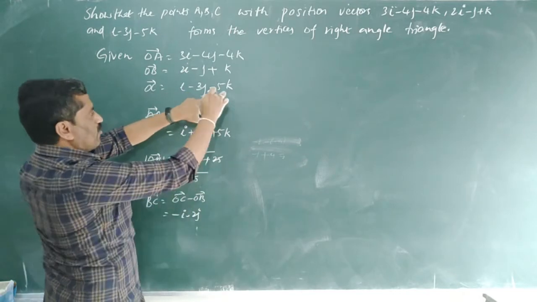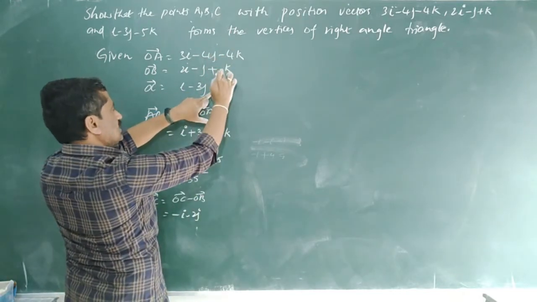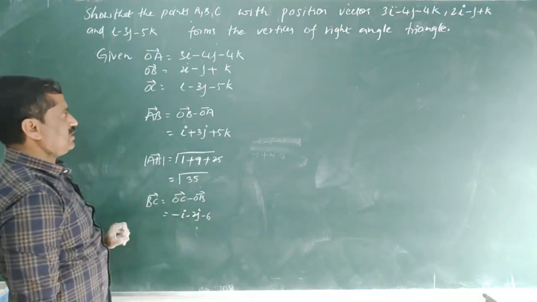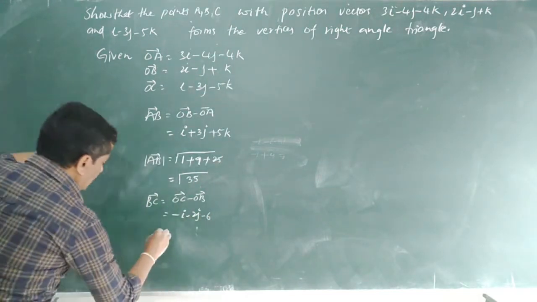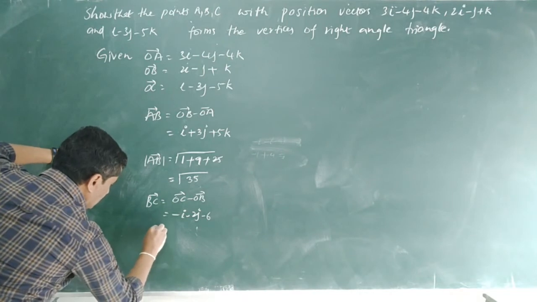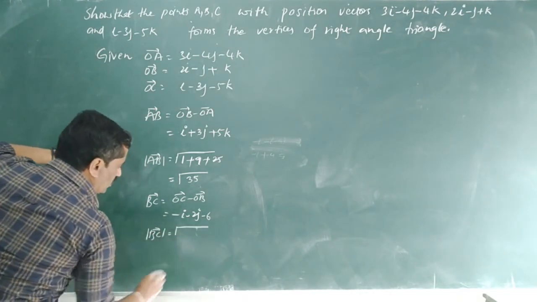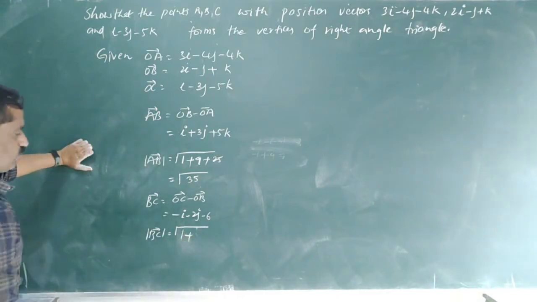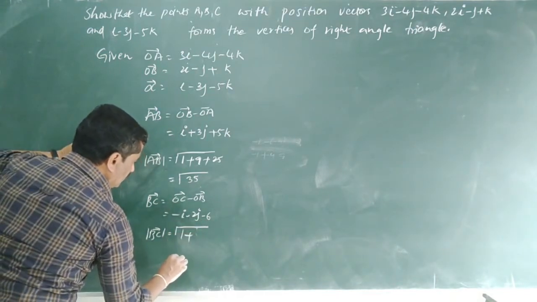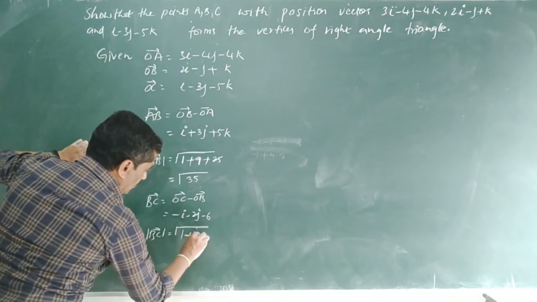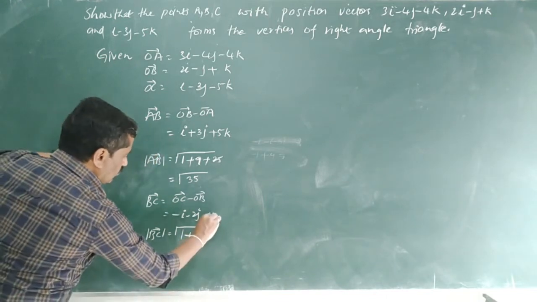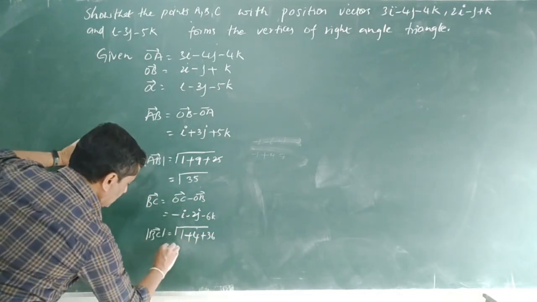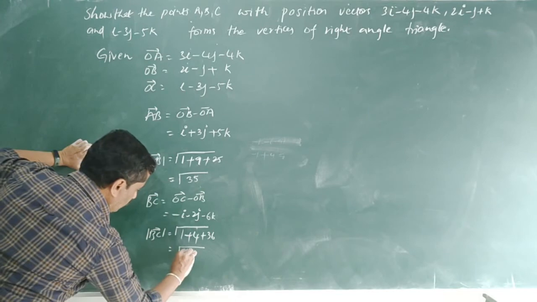Again we have minus 5 minus 1, that is minus 6k. We need to find the magnitude of BC bar, which is equal to square root of minus 1 whole square, that is 1, plus minus 2 whole square, that is 4, plus minus 6 whole square, that is 36. That is equal to root 41.